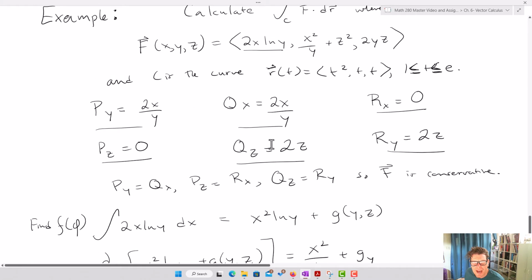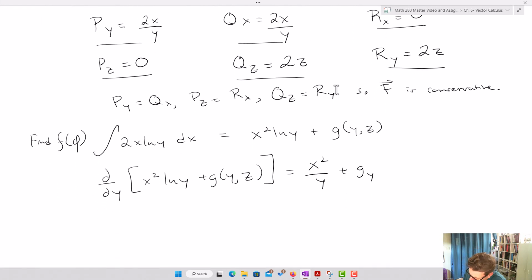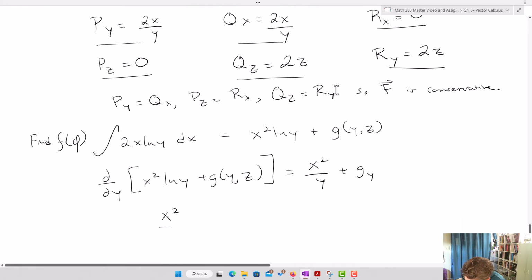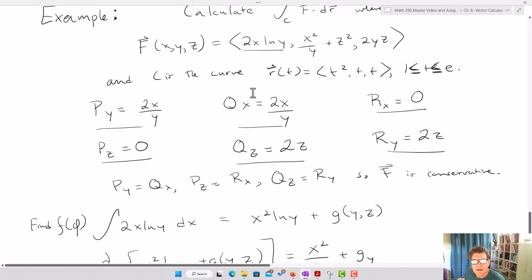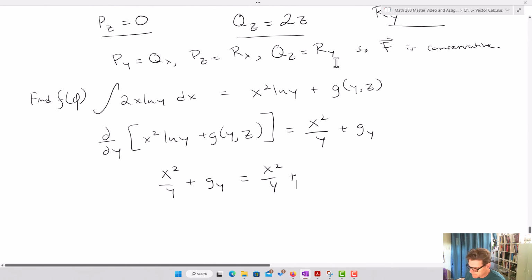I'm now going to compare that to phi_y. So x² over y plus g_y is equal to x² over y plus z². Those will cancel, and we get that g_y is going to equal z².